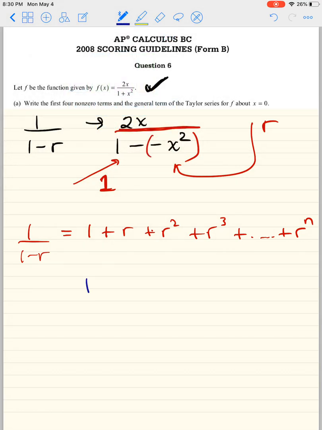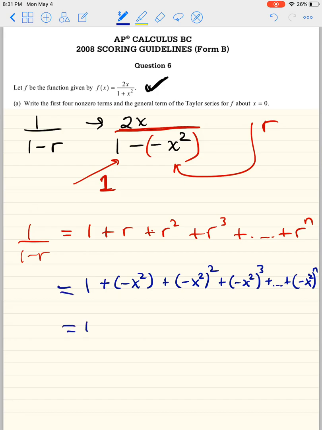So I have 1, and then plus negative x squared plus negative x squared squared plus negative x squared to the third plus dot dot dot plus negative x squared to the n.